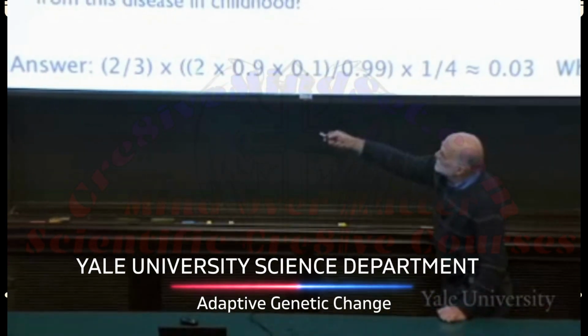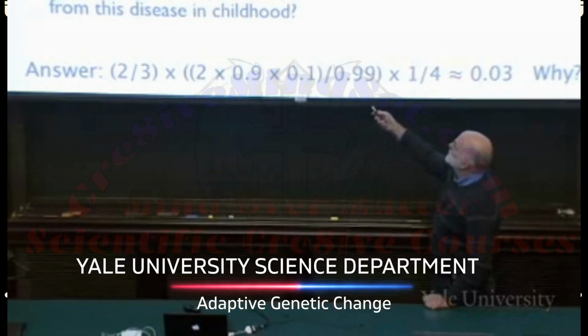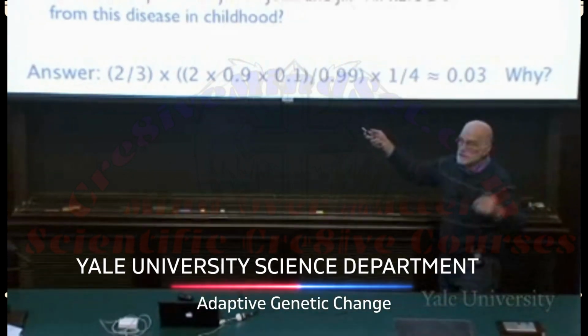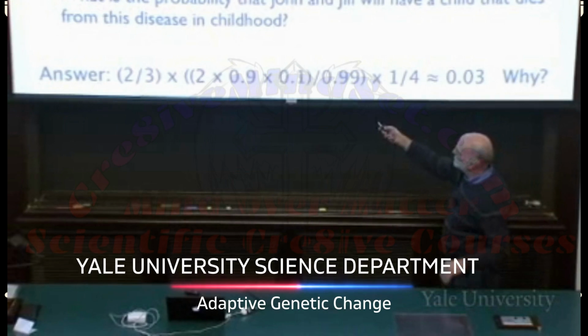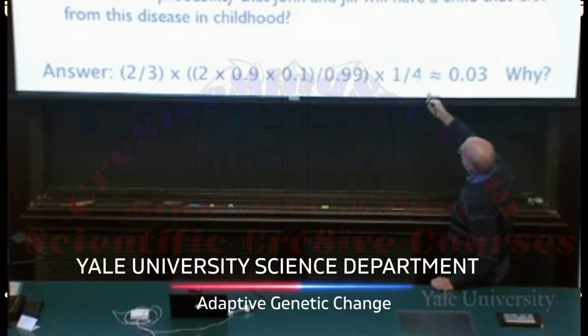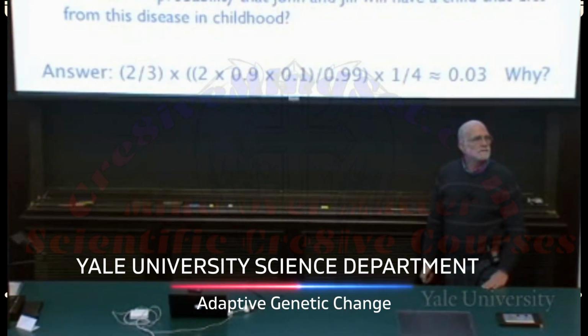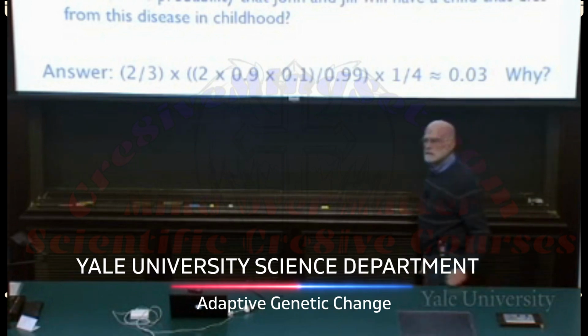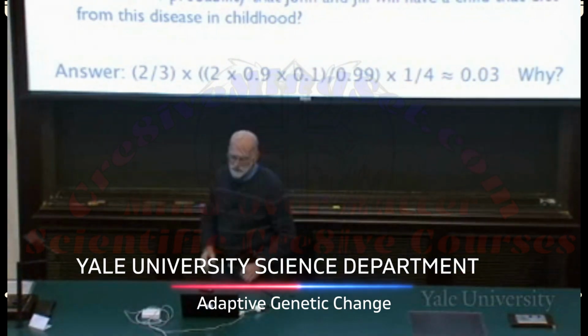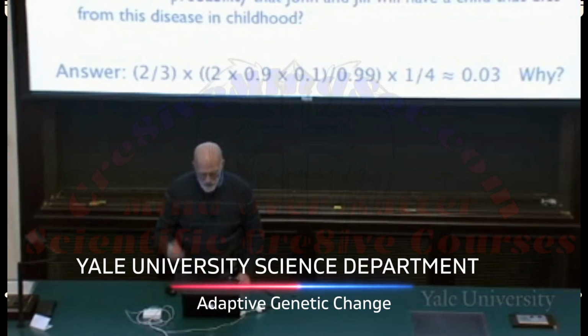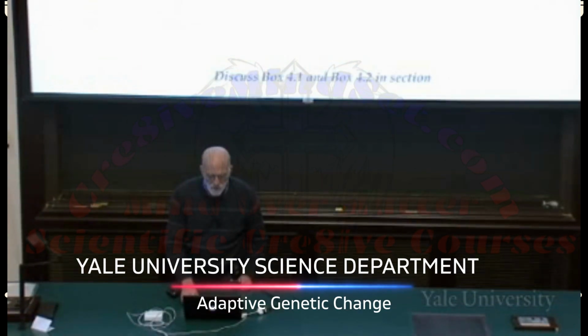The probability that Jill is 2pq corrected for the fact that 1% have died. She has survived, so we have to correct for that. Then this is the probability that their baby has the disease. That's the kind of process that one goes through when thinking about population genetics.